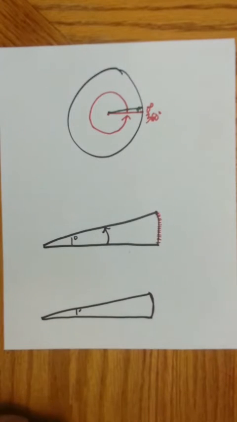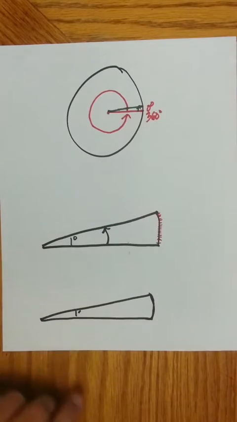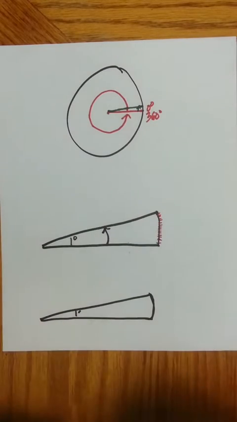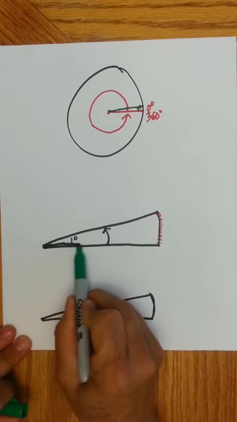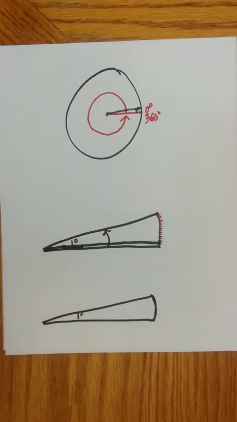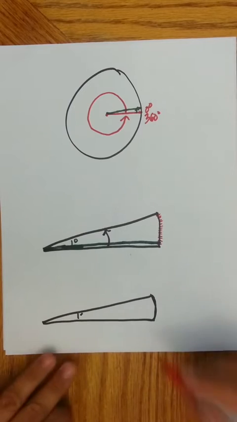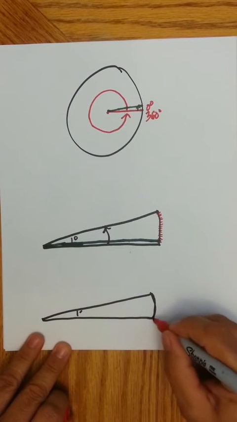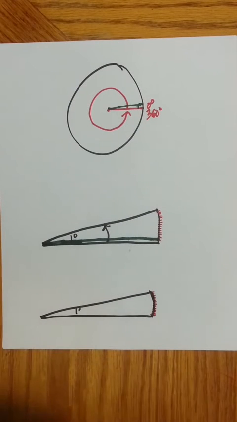And then when we say that 1 minute is 60 seconds, it means that I take one of these minutes, and again, I'm not going to be able to draw this well, but here's maybe a minute, and again, we know that's too big, but let's say that's a minute, and I now transfer that down here as a rotation. I divide a minute into 60 seconds. So you can really see that there are an awful lot of seconds in just 1 degree.